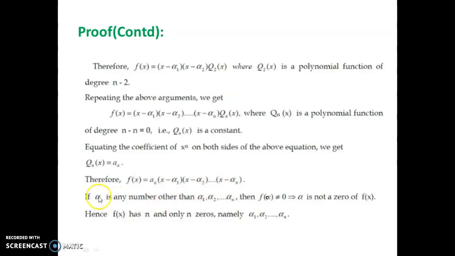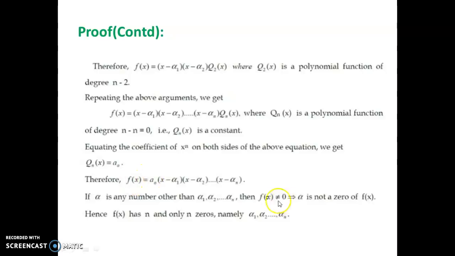because alpha is not equal to alpha 1, therefore alpha minus alpha 1 is not equal to 0. Likewise, alpha minus alpha 2 is not equal to 0, etc. Alpha minus alpha n is not equal to 0. Therefore, any term on this right hand side will not be 0.